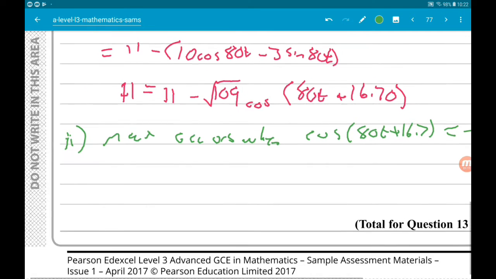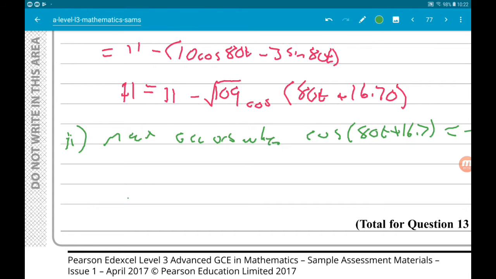And now that is going to give us a max height of 11 add root 109. So let's work out what that gives us. Okay, if we go to one decimal place, we get 21.4 meters.